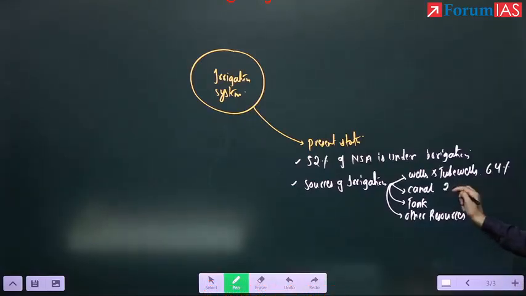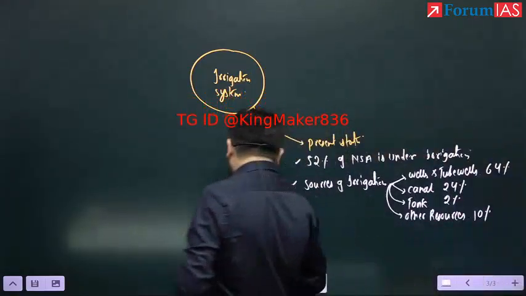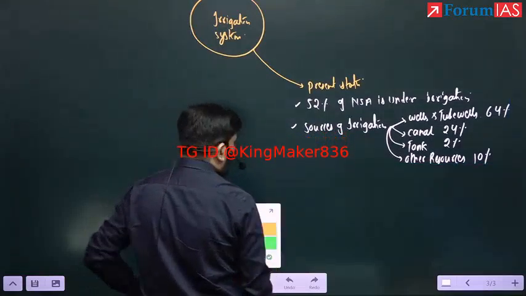Canal irrigation accounts for 24%. Tank irrigation accounts for just 2%. And other sources account for 10%. So these are the different sources of irrigation.